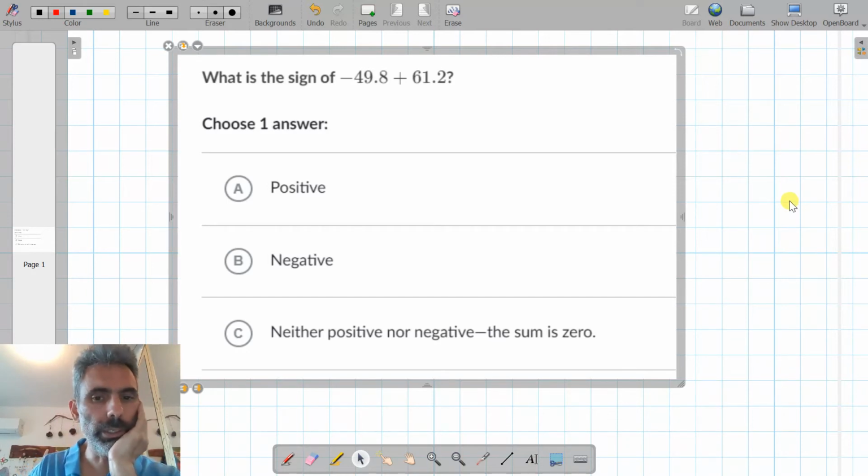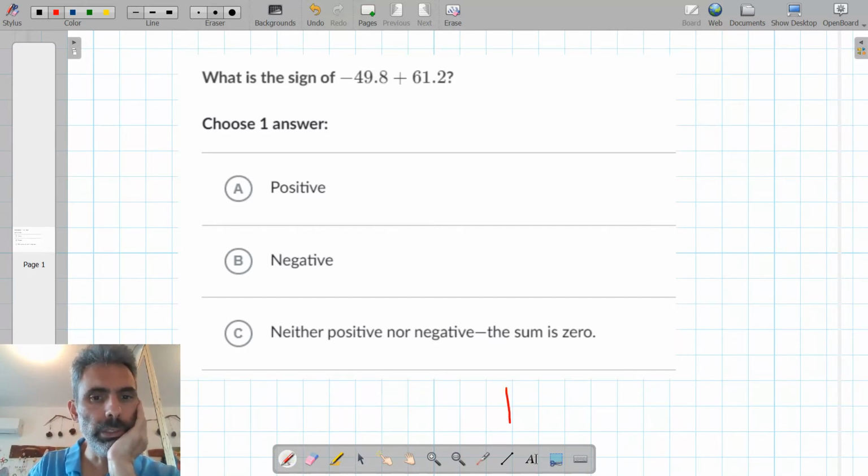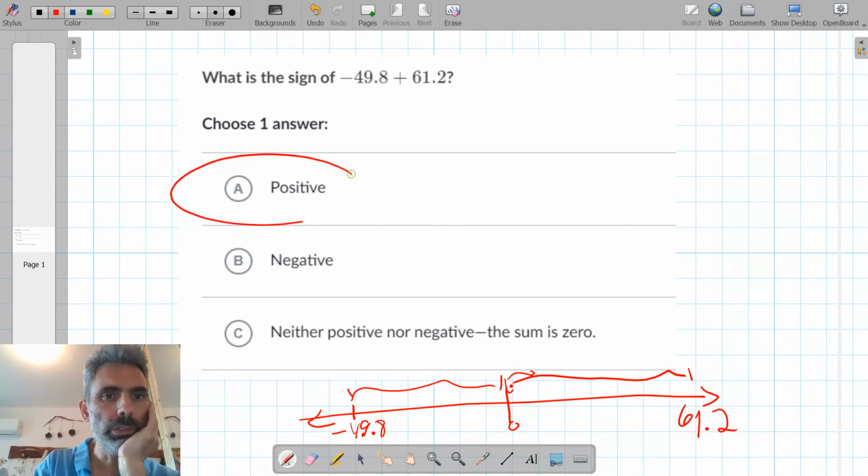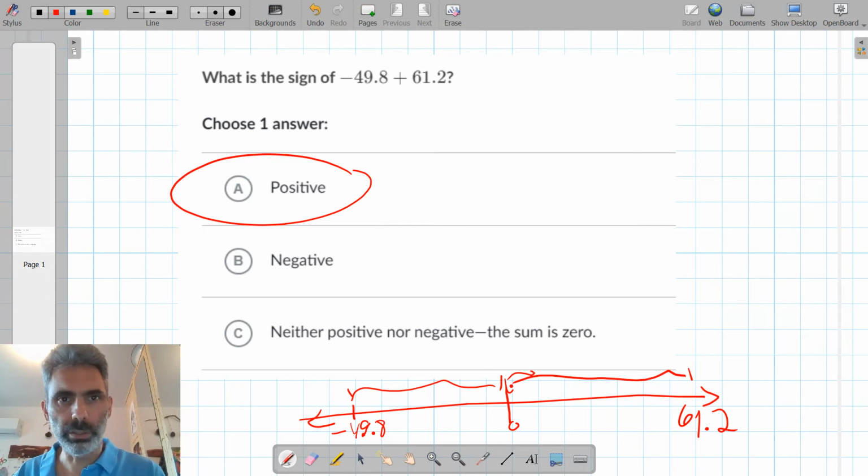Okay, so again, since the negative number is closer to the 0, negative 49.8, the distance here is shorter than the distance to 61.2. So if we combine this section and this section, we will end up to the right of the 0. So the number we will get is positive.